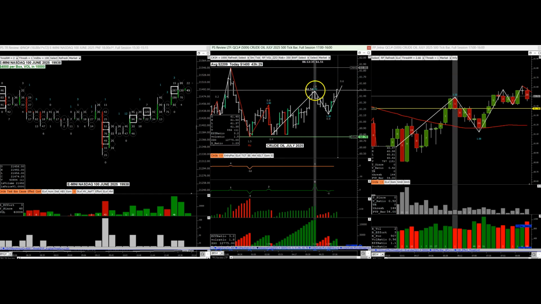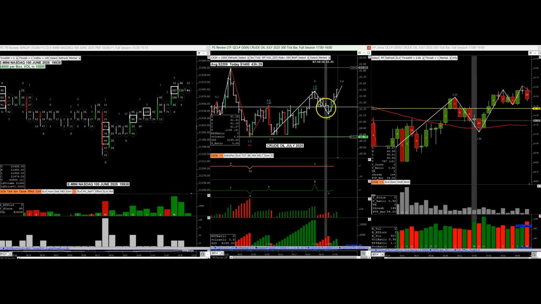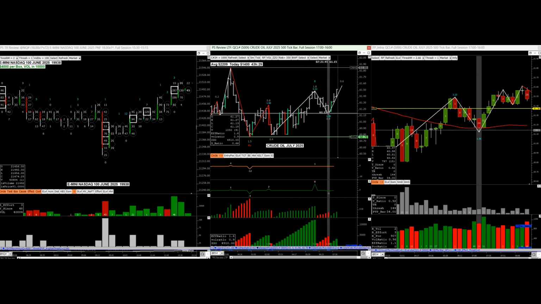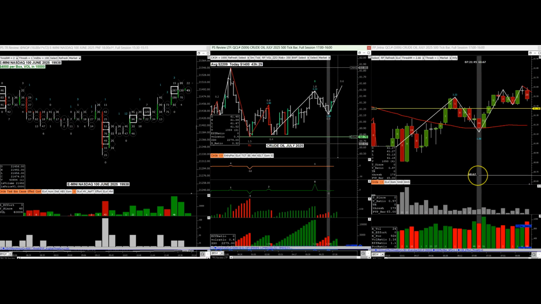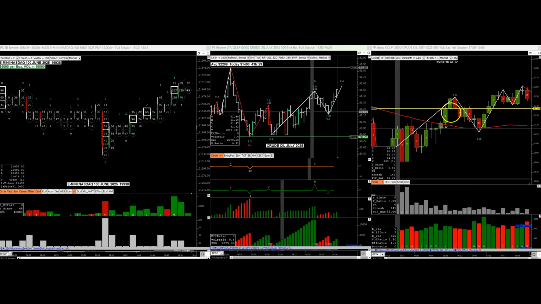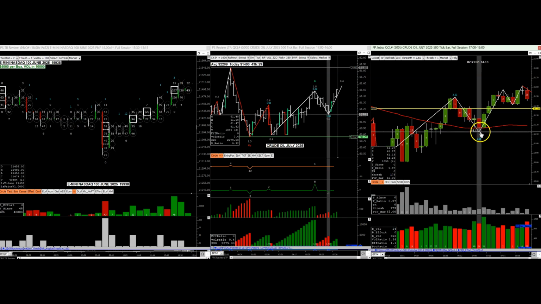So you have your rally, it pulls back. Again, if you're looking at price, you're not going to see any of this. You see that here is the most amount of red volume in 24 bars on the pullback.